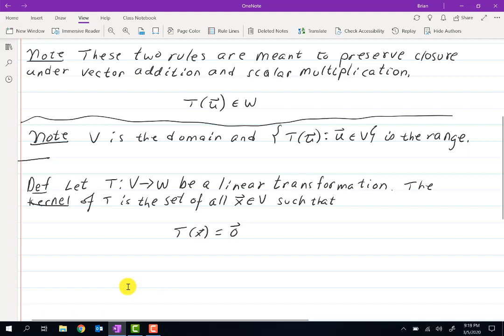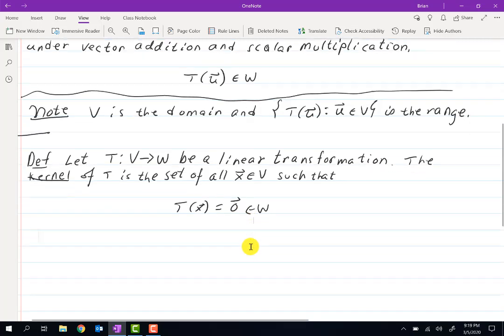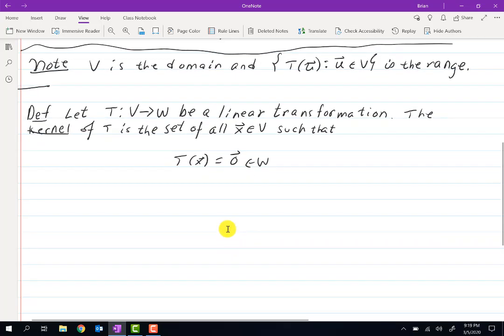And remember, this 0 vector is in W, so keep that in mind. Sometimes I might put a little W at the bottom of the 0 to emphasize the fact that that vector is in W. So basically, these are all the items in the domain that get sent to 0, is all that this is. And it's referred to as the kernel.